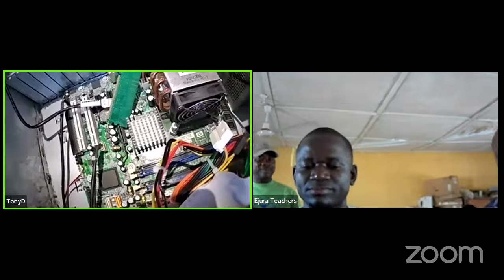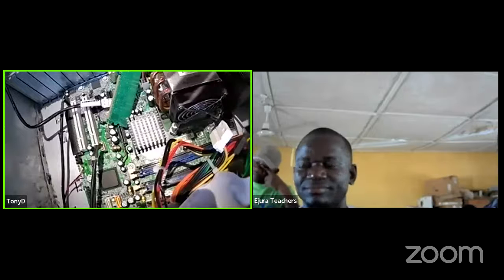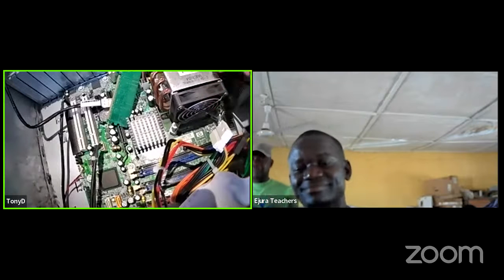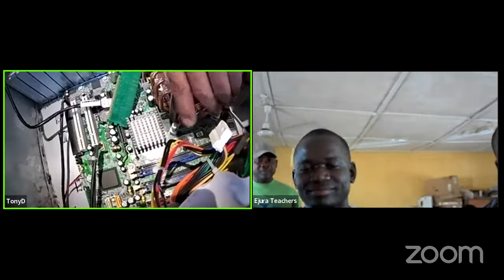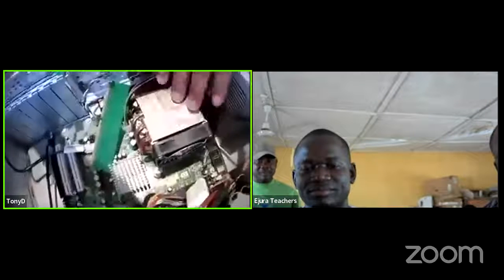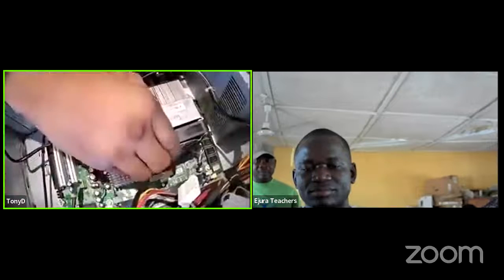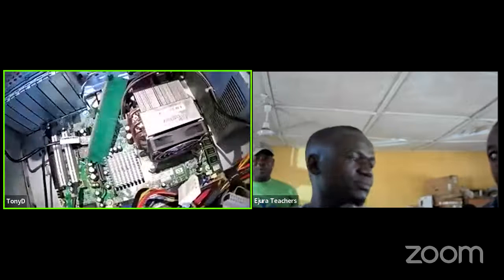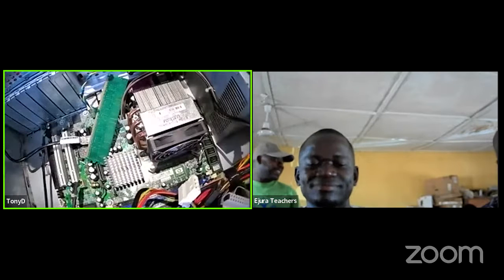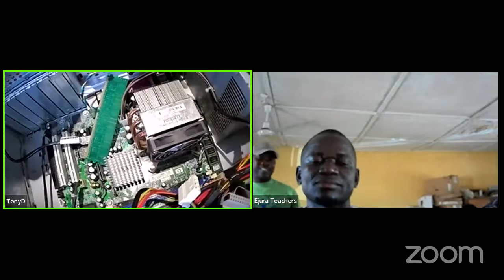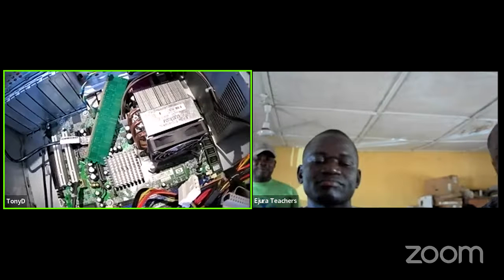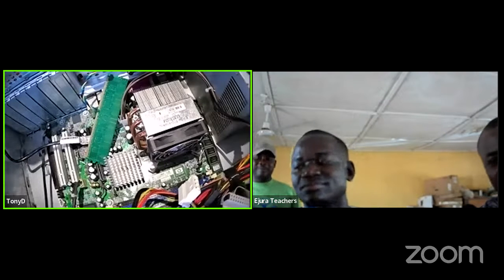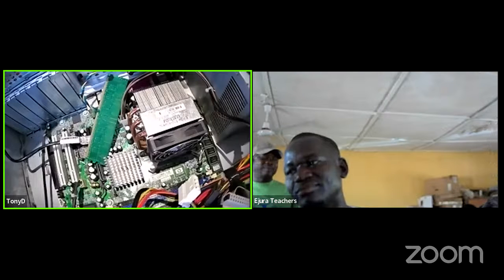We are going to open it and we are going to open the heat sink. We are going to take this heat sink out so that we can see for ourselves what the CPU looks like. So next time, if you have the screwdrivers and all those gadgets ready, we'll go through that before we start.